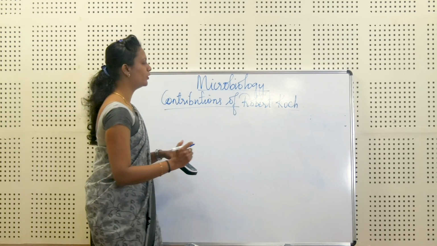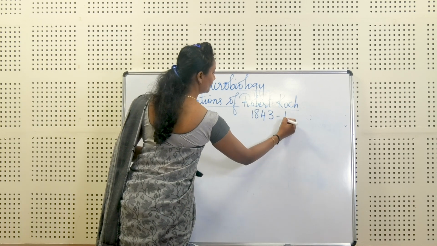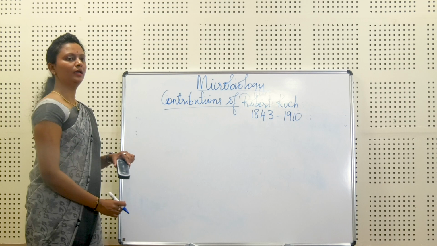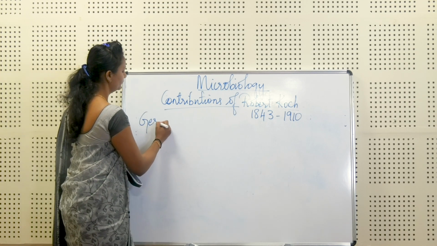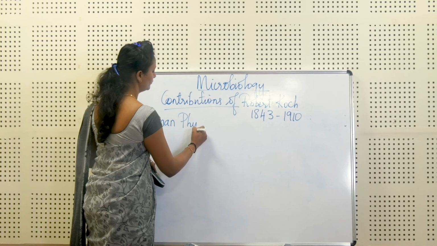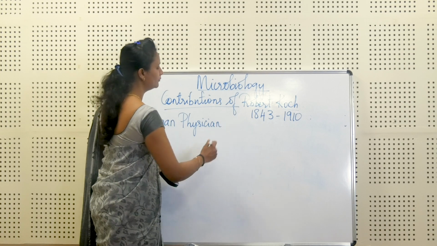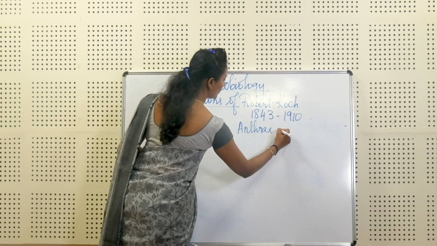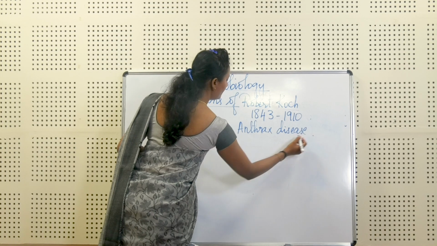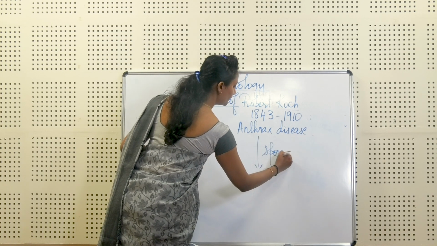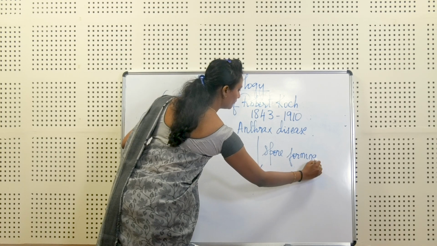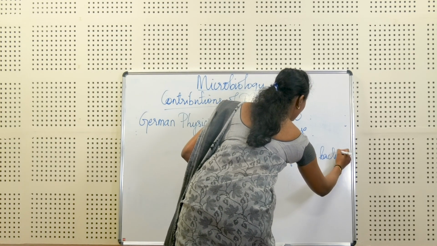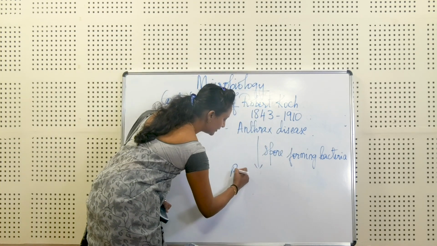Heinrich Hermann Robert Koch was born in the year 1843. He was a German physician and microbiologist who showed that the anthrax disease of animals was caused by a spore-forming bacterium called as Bacillus anthracis.